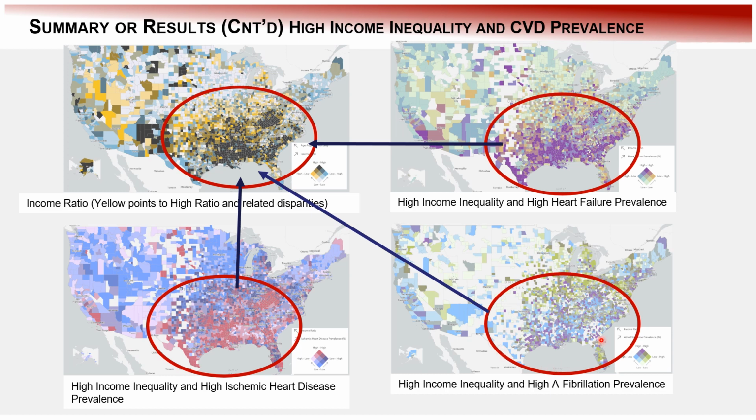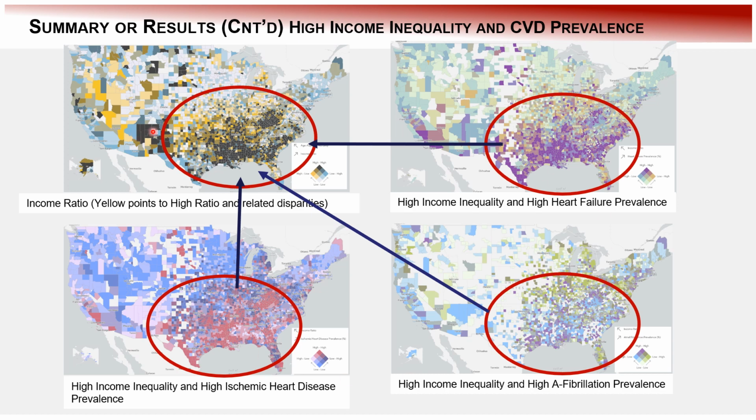For the same economic conditions, high income inequality with high atrial fibrillation prevalence. Then on the bottom left map, we look at the same high income inequality conditions with high ischemic heart disease prevalence, all three pointing to the same areas.